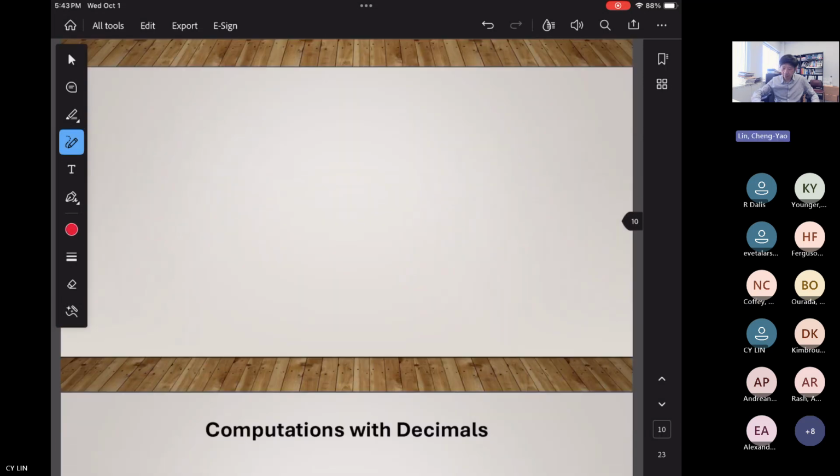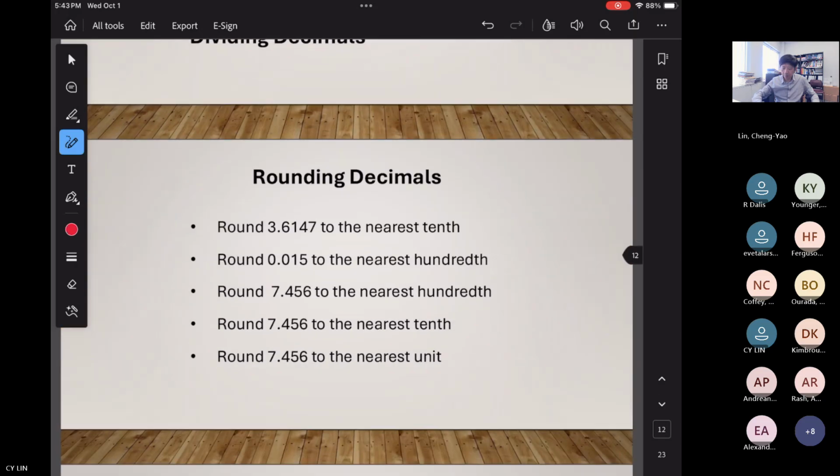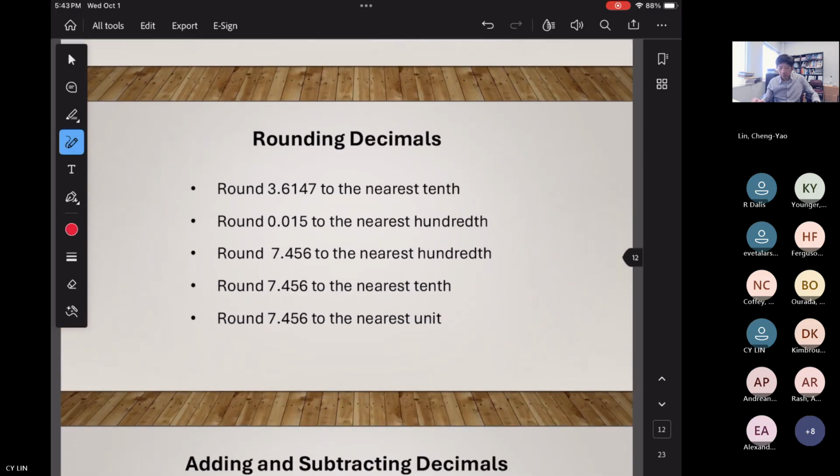Then next, we're going to talk about rounding decimals. Round 3.6147 to the nearest tenth. Here we have ones, we have tenths.